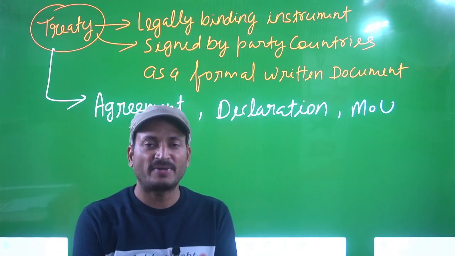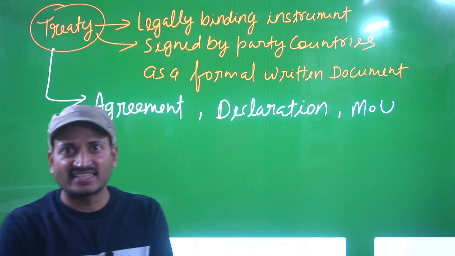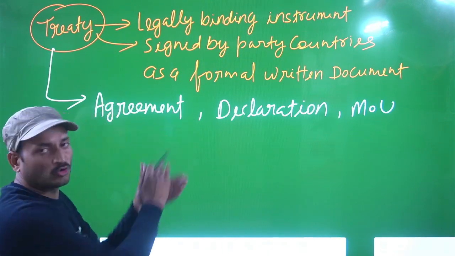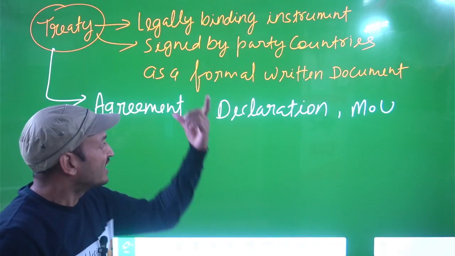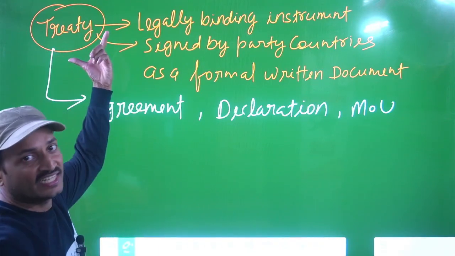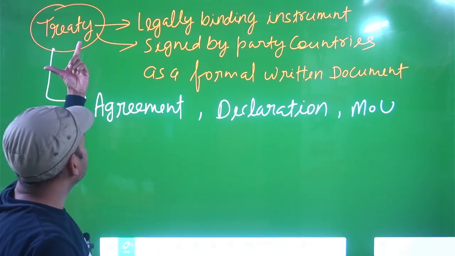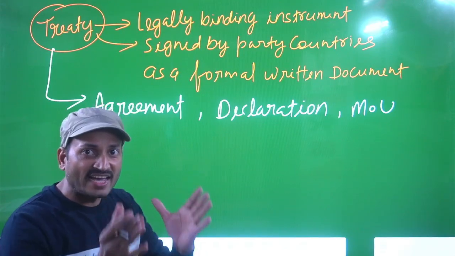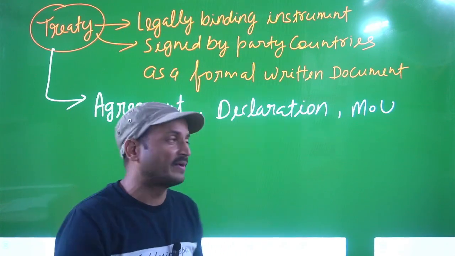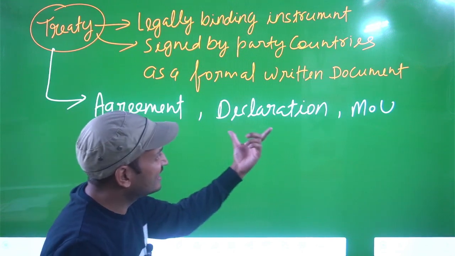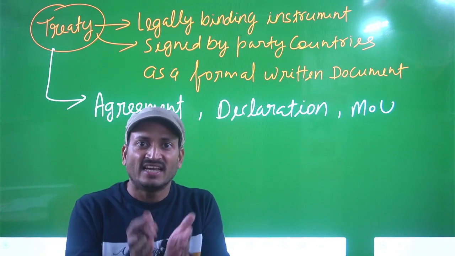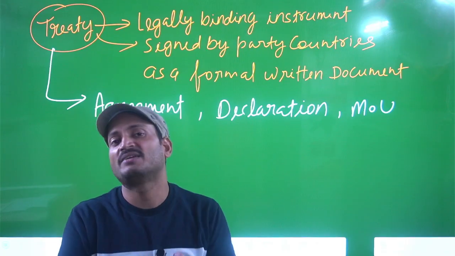They are reached between multiple countries at the international level. But when we compare other instruments, they differ from the international treaty, because an international treaty is a legally binding instrument, whereas most of the other instruments like agreement, declaration, MOU, they are usually, most often, not legally binding.